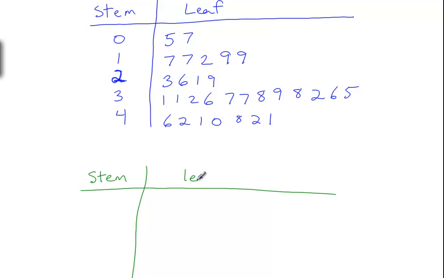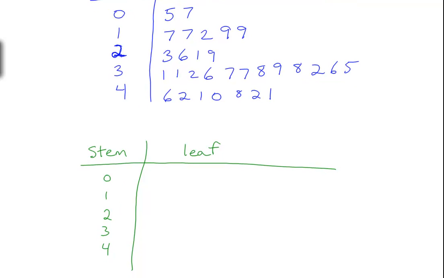Alright, and so now what we're going to do is, the stem is fine, it still goes from 0 to 4. However, we should put these numbers in ascending order. So the single digits already were, but now here we want to go 2, 7, 7, 9, 9. Okay, so we're just cleaning it up. Here we want to go 1, 3, 6, 9.